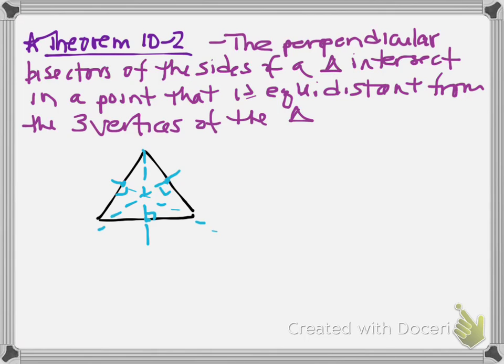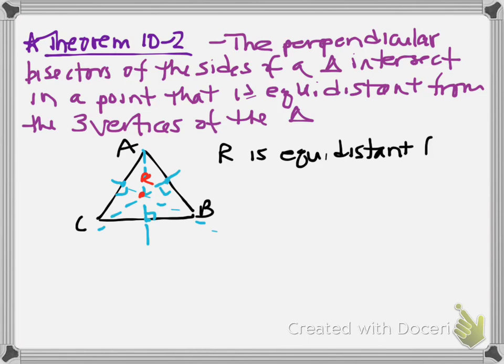So this point, which again we'll call R, and our vertices are A, B, and C. So according to this theorem, it says R is equidistant, or the same distance, from points A, B, and C, the three vertices.